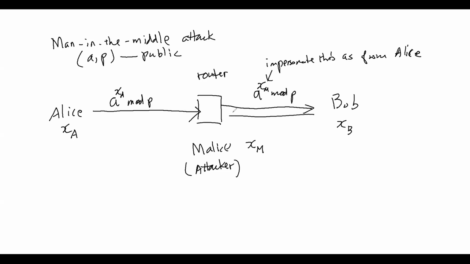So Bob will do A to the XB mod P. So Malice can just generate one XM, right?